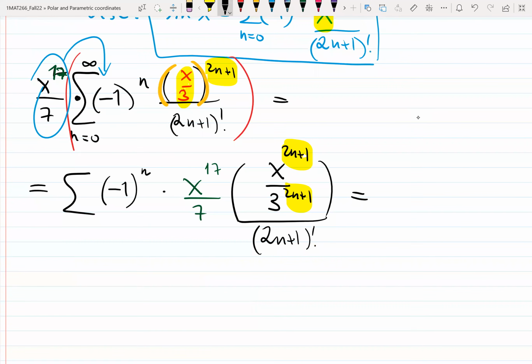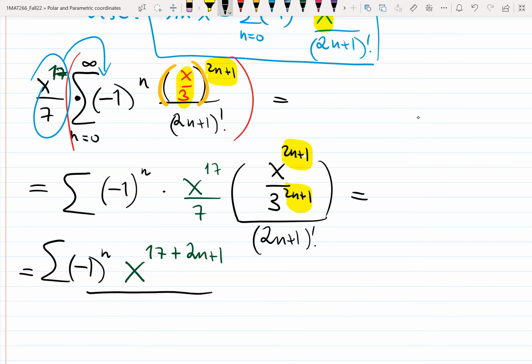We're going to collect the terms. Sum, (-1)^n, x is collecting together all the powers: 17 was there originally, plus 2n+1, not times. Remember the formula I just reviewed. Over 7 is in the denominator. 3 is in the denominator, 3 is raised to the 2n+1.